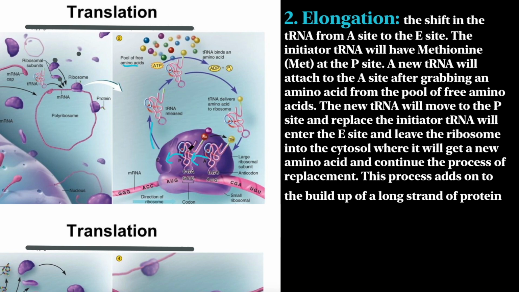They're pushed out. So here's what our new tRNA looks like. It has a methionine and another amino acid that is specific for this specific codon. So that process continues. A new tRNA gets another amino acid and goes to the A site, pushes that old tRNA to the E site, and that process continues and continues until there is a buildup of amino acids which form the strand of protein, as we all know.